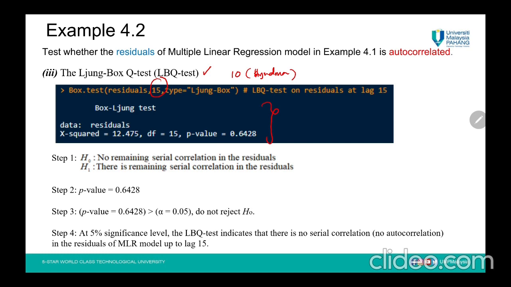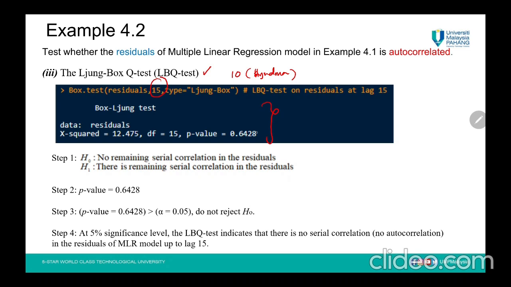Since we want to use the p-value approach, there are 4 steps that we need to apply. Step 1: for the Ljung-Box test, H0 is no remaining serial correlation in the residuals, versus H1, there is remaining serial correlation in the residuals.